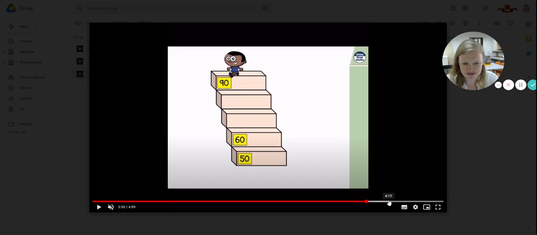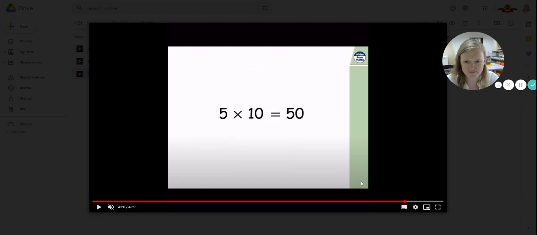All right, let's have a go at some of these questions. Oh, it's giving away the answer. 5 multiplied by 10. What's the answer? Well, you've just seen it. But if you hadn't seen it and you didn't know, you could count in tens. Let's do it together. 10, 20, 30, 40, 50. Brilliant.